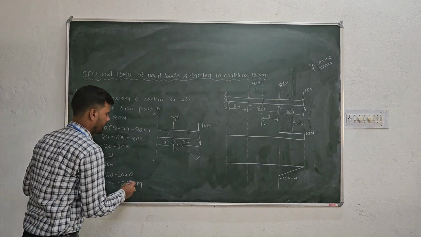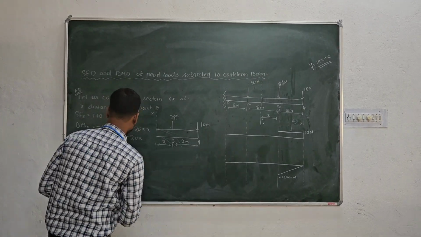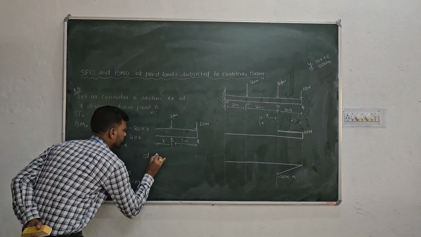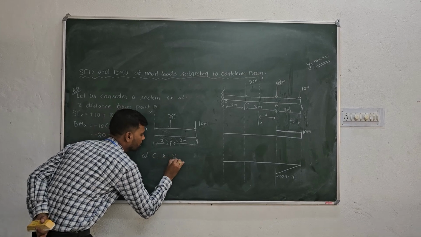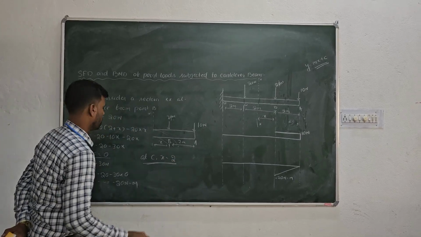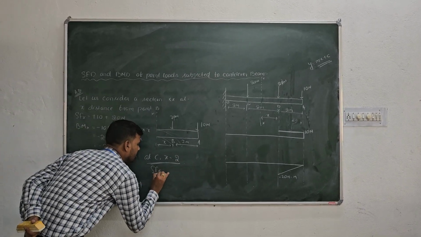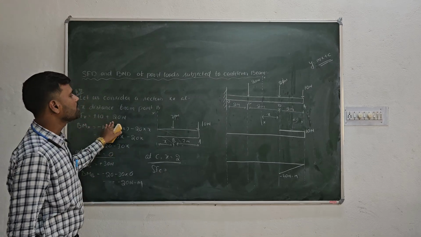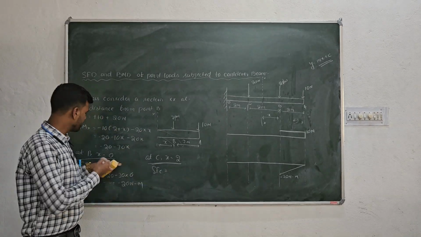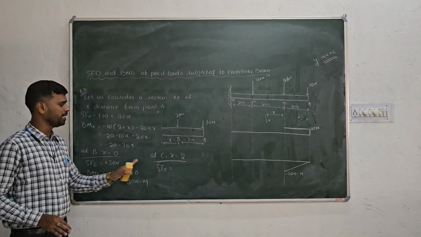Okay, similarly at C, x equal to 2. So SF at C, as shear force is independent of x, it will remain the same at both the points B and C.